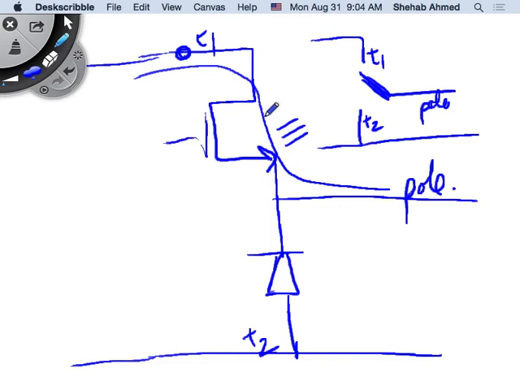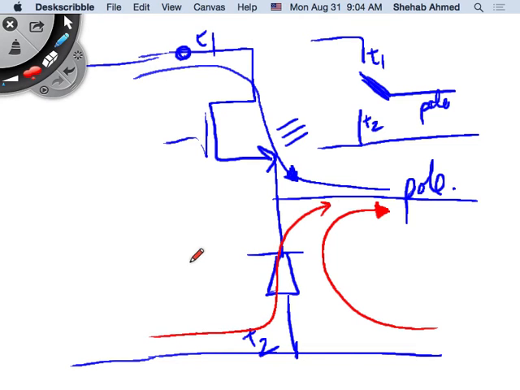In this case, it's flowing in this fashion. How about if my bottom device is on? It's flowing in this fashion. Also, nothing prevents it from flowing in this fashion, right? Whether it does it or not, it doesn't really matter.